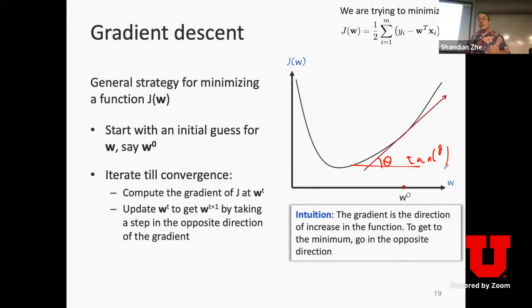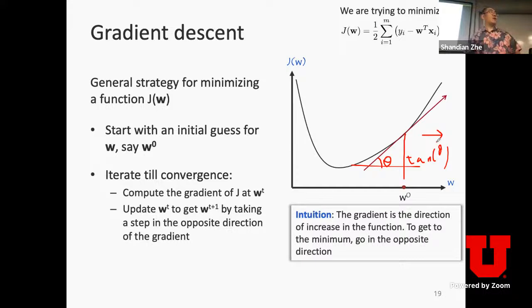So the gradient is the slope of the tangent line to this function at w0, and we see the slope is positive. That means your gradient direction is toward the right.